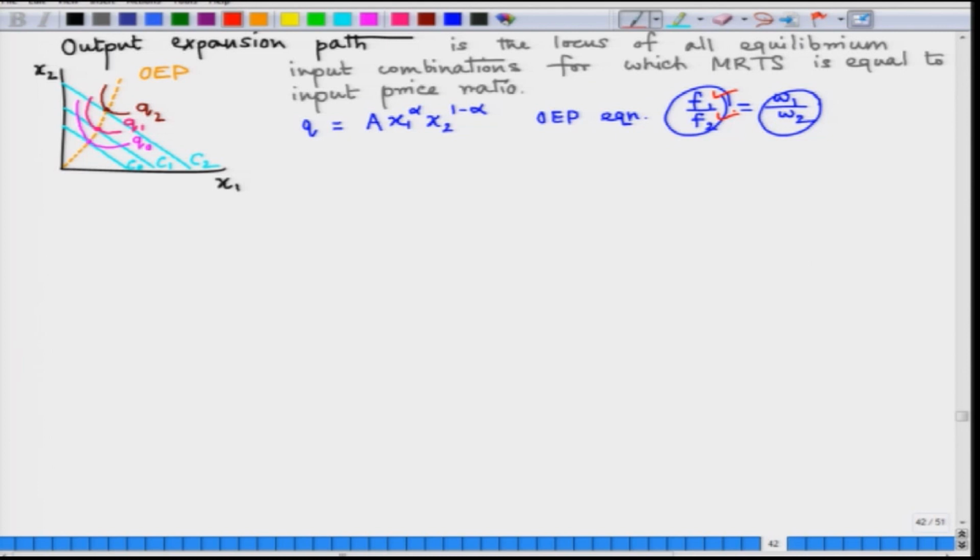We can derive the partial derivatives from this given form of production function. So, if we do so, we get an expression. So, I am giving you the final result.